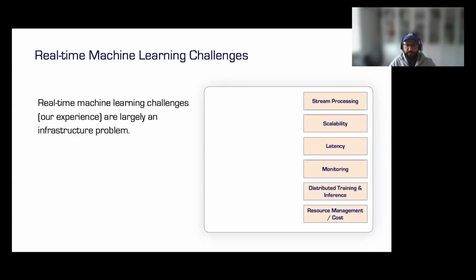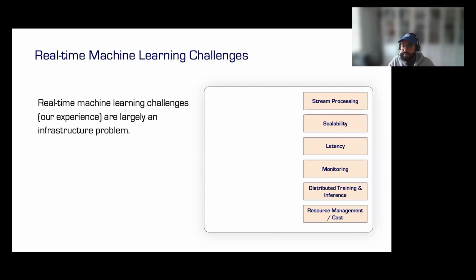From our perspective, real-time machine learning challenges are mainly infrastructure problems, because you have a lot of tools to stitch together and make sure the whole platform works properly. This is still a major challenge for a lot of data practitioners.